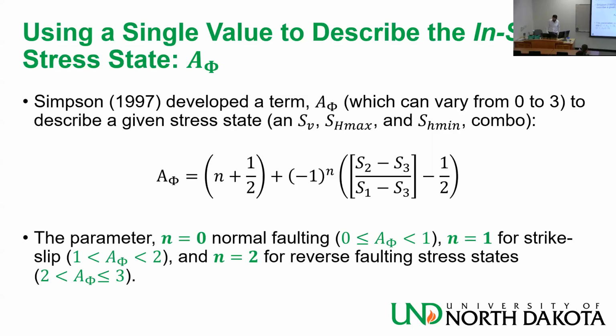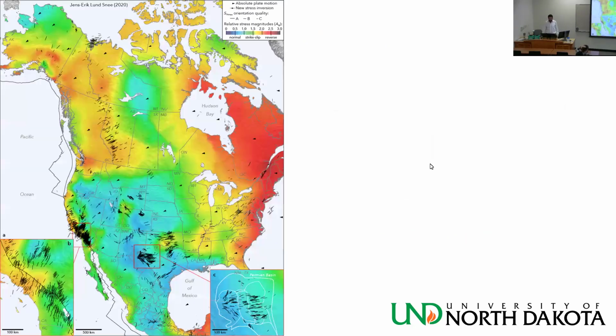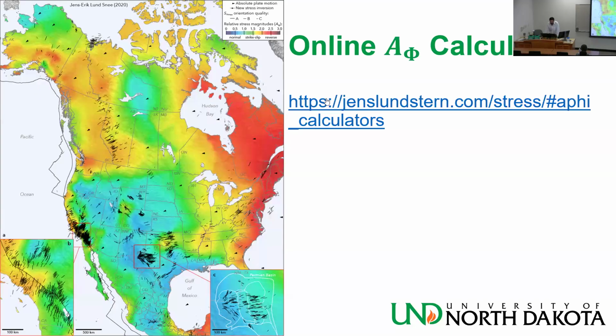And then it goes to Dr. Lundstern, who took this scheme, this scale, and he colored it a certain way, and he gave us those beautiful stress maps, which is basically gonna be the new generation of the world stress map. And I think he's gonna become very famous for those maps because they are very useful, very very good looking.